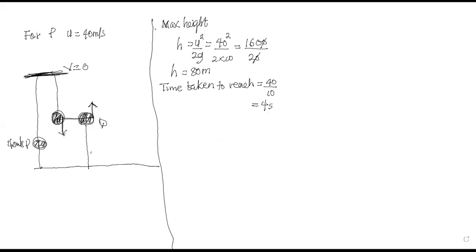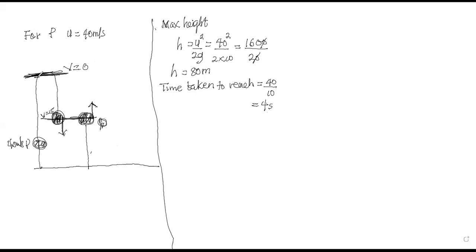So we are also told that at the time where P meets Q, P has a velocity of 15 meters per second, meaning that at this point where P meets particle Q, velocity of P is 15.